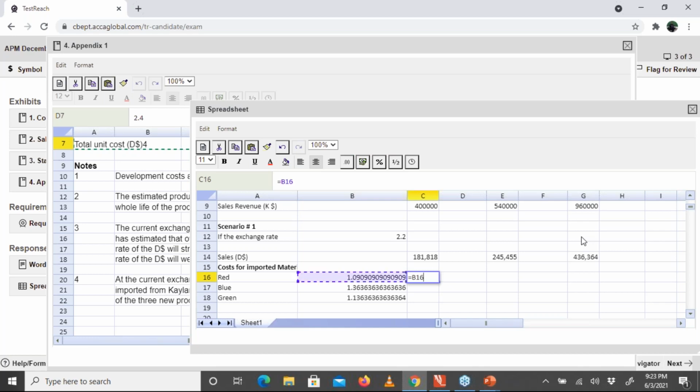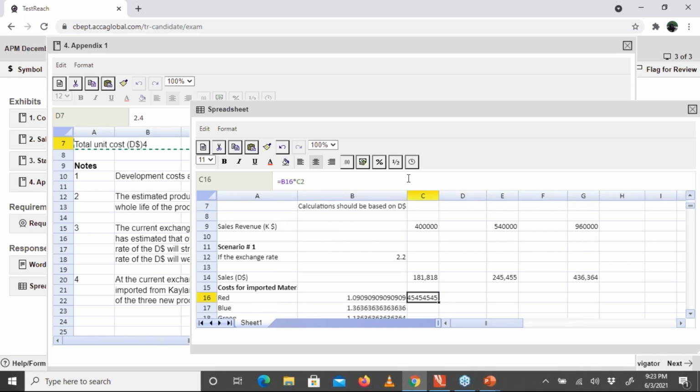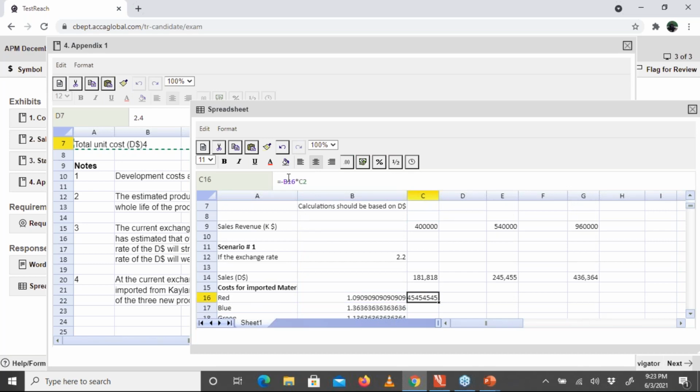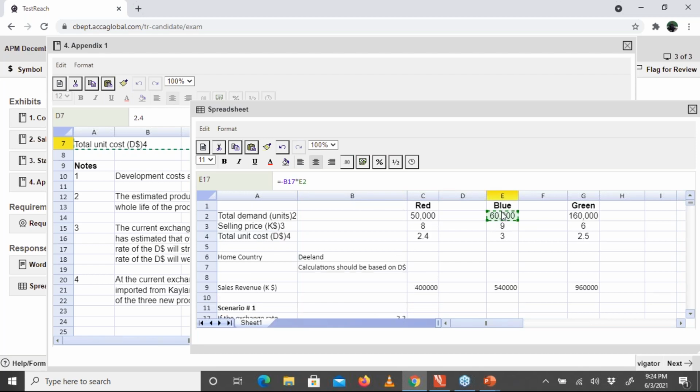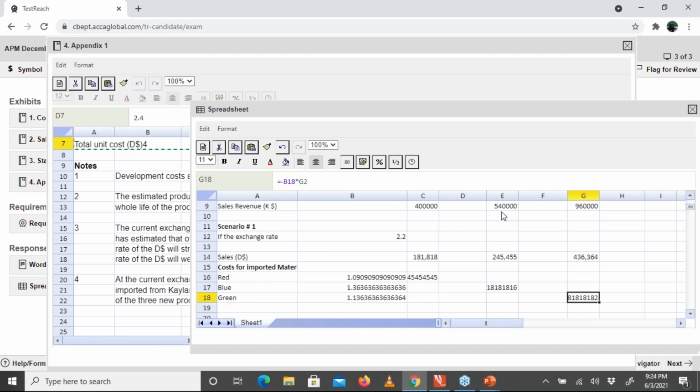What are we going to do? We're going to multiply this by the number of units. Then we do this multiplied by the number of units, and this multiplied by the number of units.